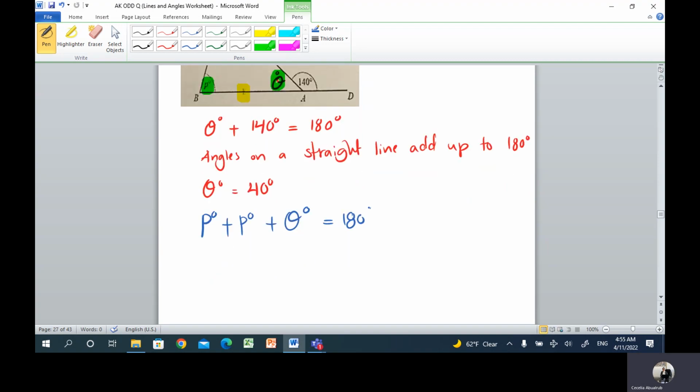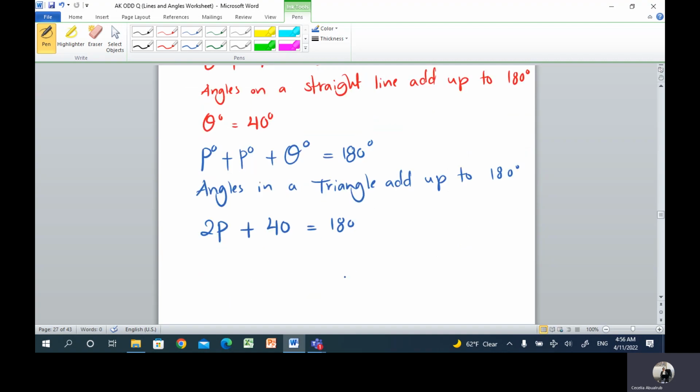Why is that? Because angles in a triangle add up to 180 degrees. P plus P is 2P plus theta is 40. All this is equal to 180.